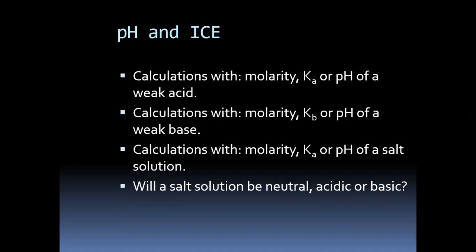And qualitatively, just inspecting a solution of a given salt, will it be neutral, acidic, or basic? I gave you that table in the handout. So it's just a matter of looking at the formulas and going back to that table and identifying what is the category that this salt falls under, all right?